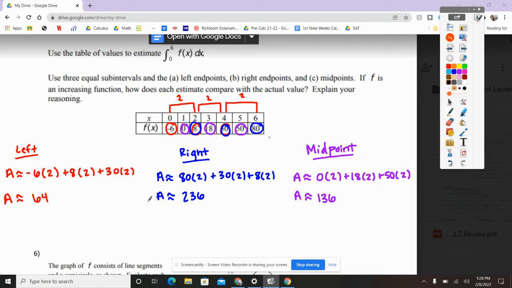So here we're going to draw a picture. We know it's an increasing graph, so I'm going to just draw a little increasing graph for each of these. If I look at these, for the left one, the left part is always on your line. That's the height of your rectangle. So notice this one is an underestimate.